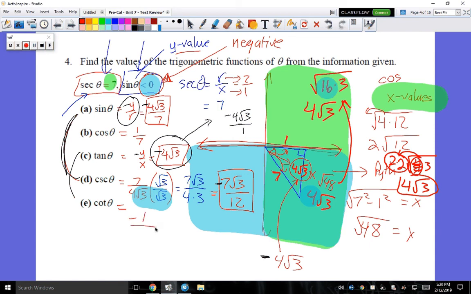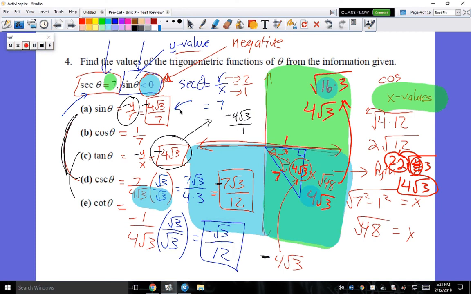So I get negative 1 over 4 root 3, and yes, we will rationalize the denominator one more time to get a negative root 3 over 4 times 3, otherwise known as 12. So we have the following. Our first answer was negative 4 root 3 over 7, the positive 1/7, negative 4 root 3, negative 7 root 3 over 12, and negative root 3 over 12.